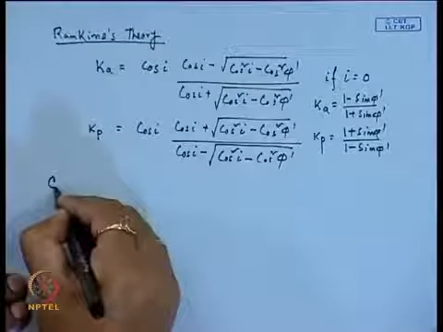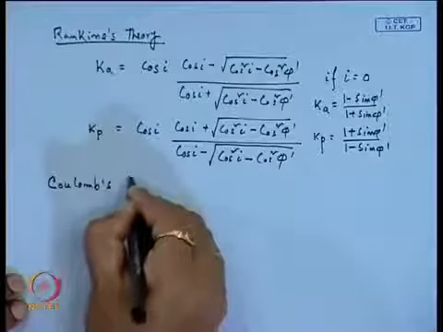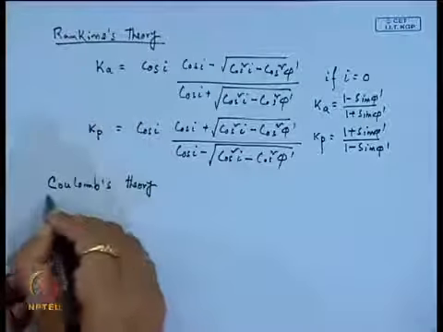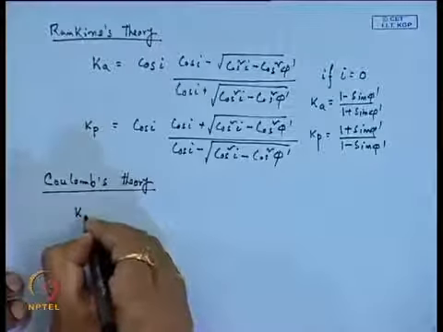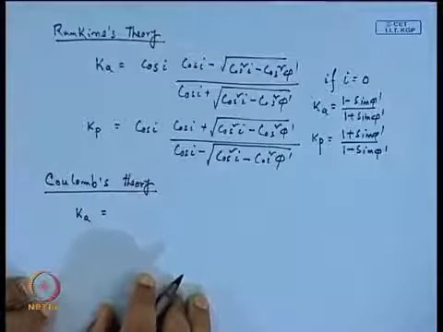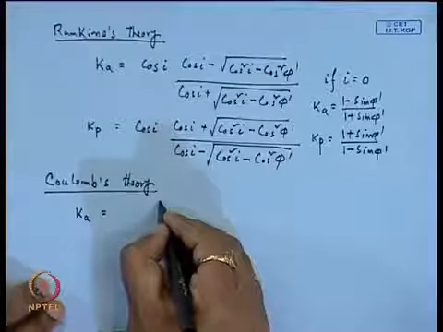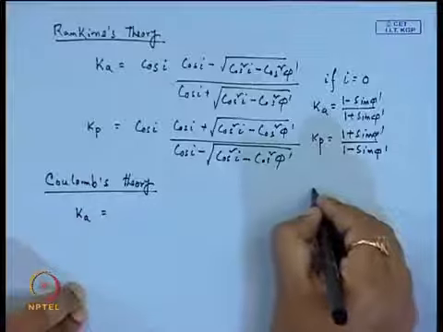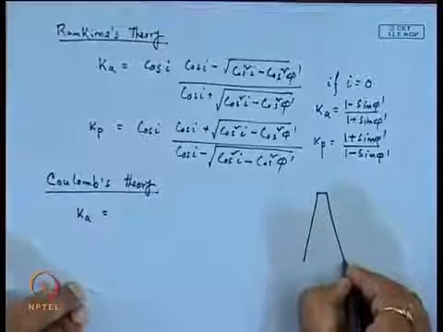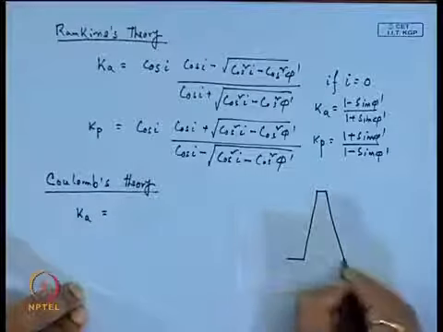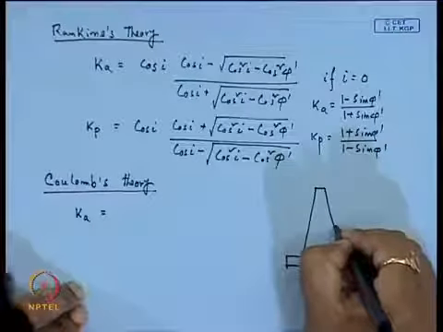Now, if I use Coulomb's theory, then K A is equal to, for the case of Coulomb's theory, so suppose this is our retaining wall, and here this force is acting.